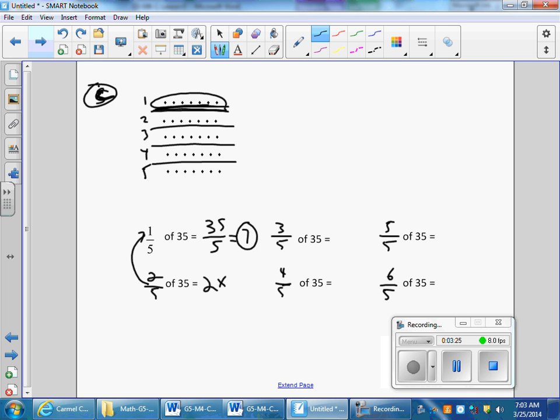So 2 times 7. 1/5 of 35 is 7. 2 times that is 14. 2/5 of 35 is 14.